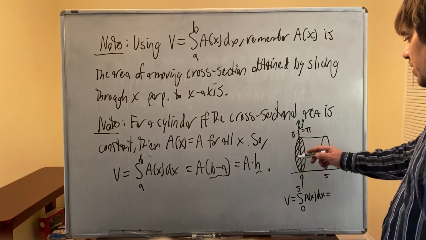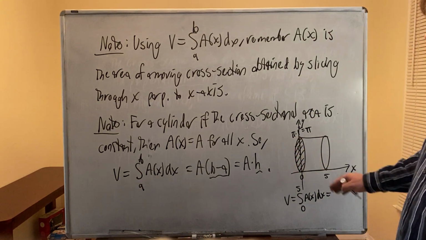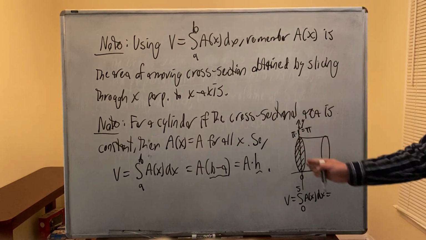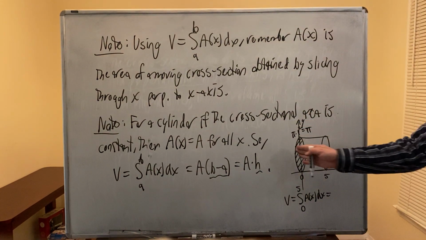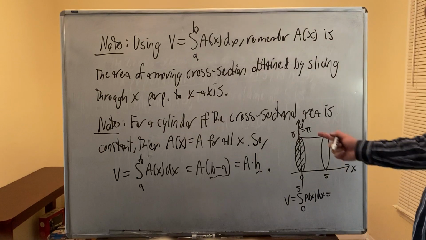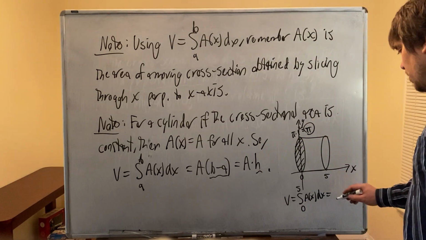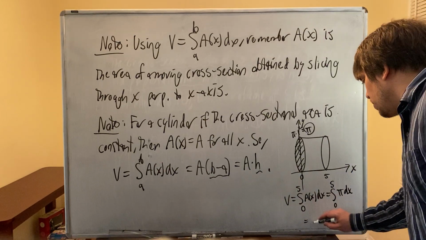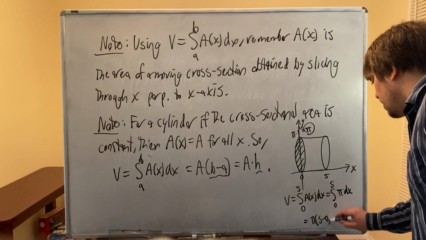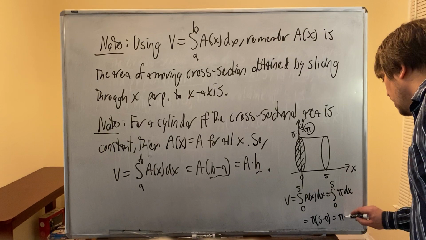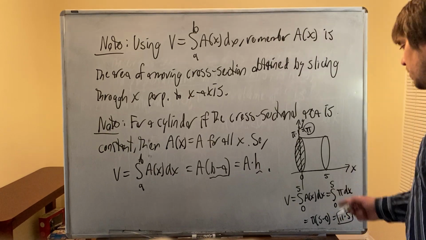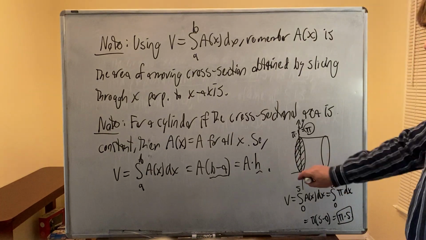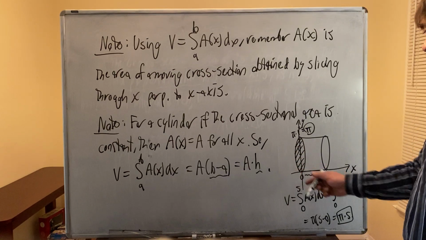but the area is constant. The cross-sectional area is just the same, the area of the same circle, because you're just sweeping it. The area is always pi. And so this is the integral from 0 to 5 of pi dx. And what that equals is pi times (5 minus 0), that's pi times 5. 5 is the height, even though we're going in this horizontal direction.